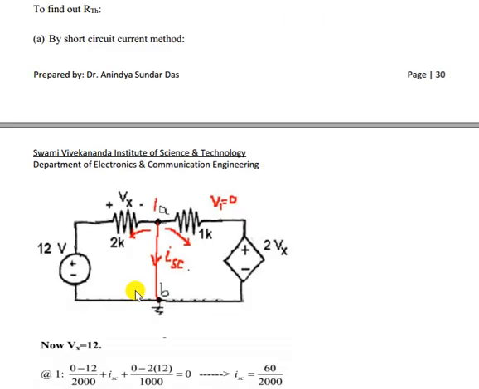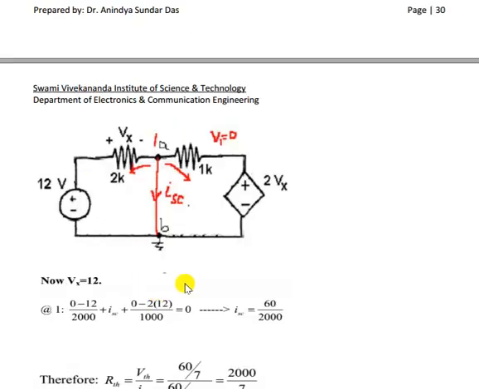Then short circuit the RL, find the short circuit current ISC, then RTH is equal to VOC, the open circuit voltage or VTH, divided by ISC, the short circuit current. Now this is the method that you can follow for every problem to solve any kind of circuit. I mean linear bilateral circuit.